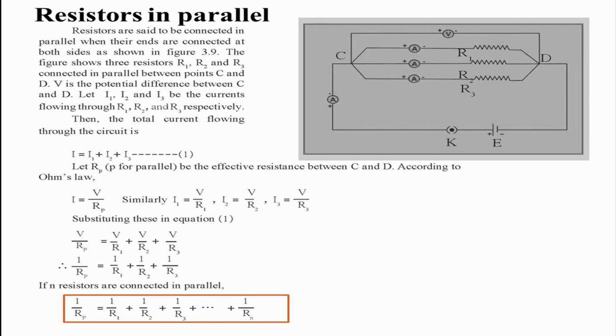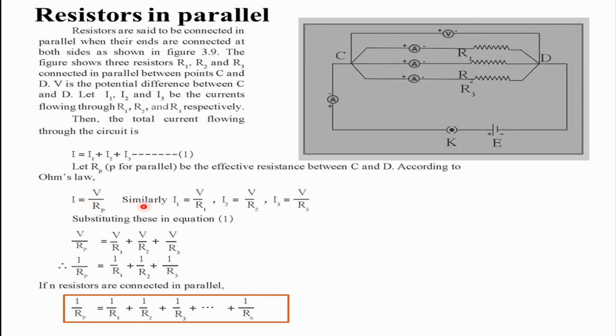The total current flowing through can be given as I equal to I1 plus I2 plus I3. This will be our basic equation. Rp will be the resistance in parallel representation. Now I will be equal to V upon Rp. This is Ohm's law. Here Rp stands for resistance in parallel.